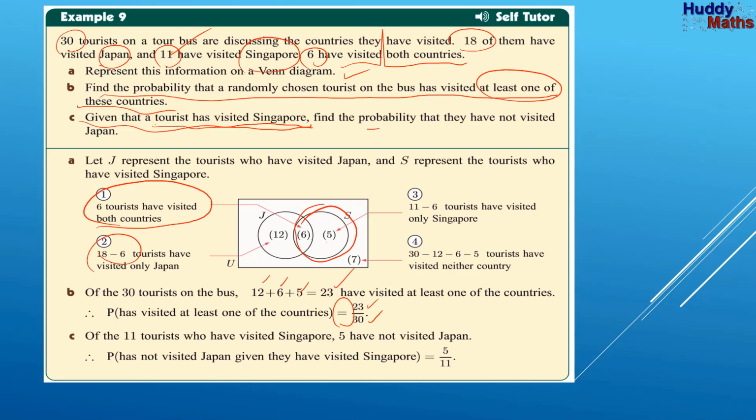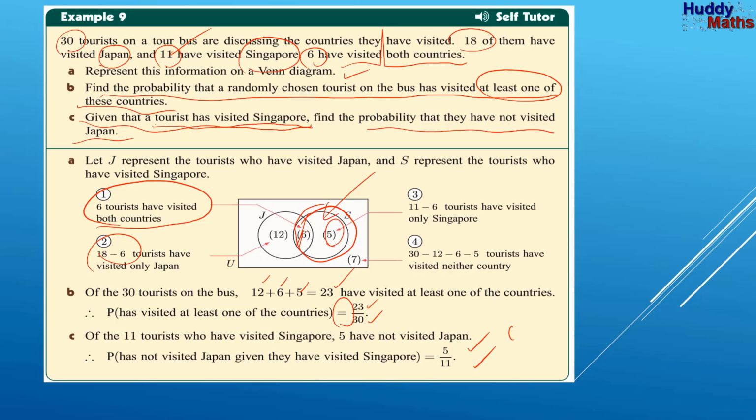Find the probability that they have not visited Japan. So here, out of this bunch, there's only 11 because we're given that. It's a condition that we're given, so it's out of 11. And how many out of 11 didn't go to Japan? Well, those 6 did, so they are out. That leaves 5. So we've got 5 out of 11.